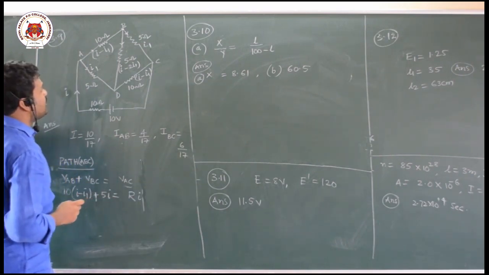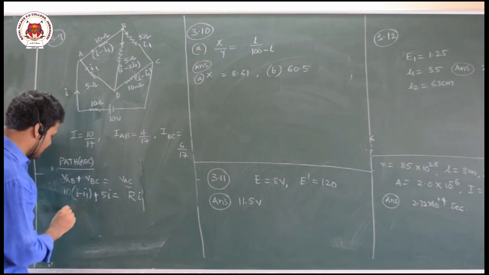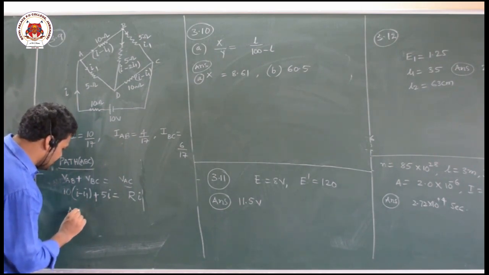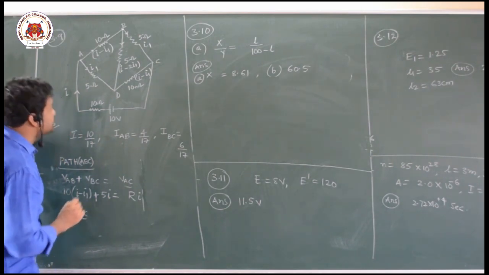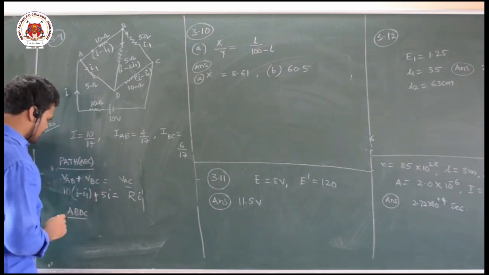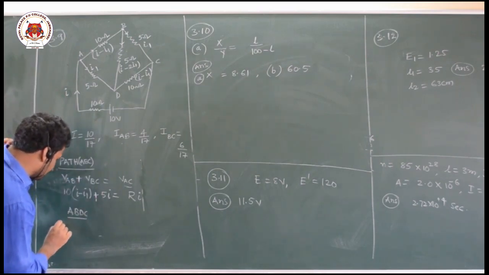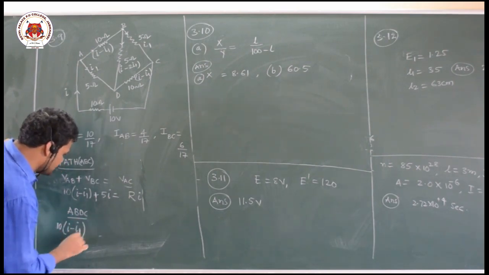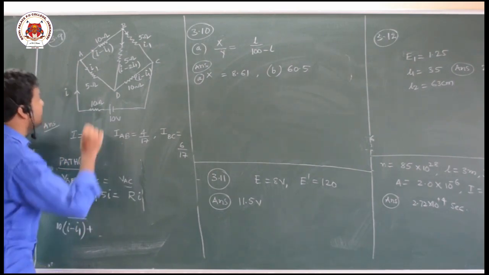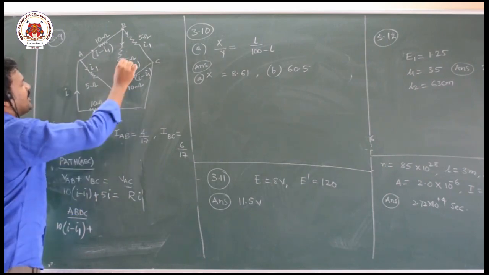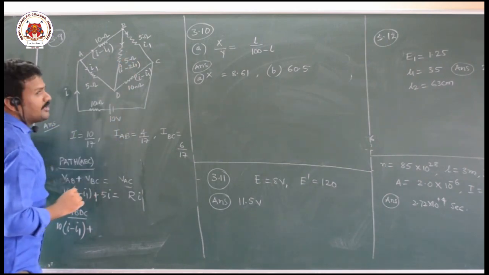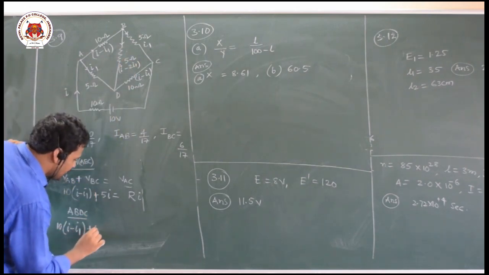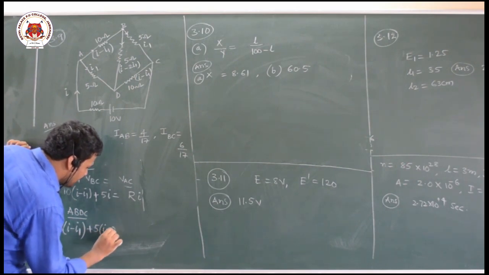Next time I am following the path ABDC. In this path, again the potential difference across AB is 10 into I minus I1. Plus between B and D, the current is I minus 2 I1 and the resistance is 5, so 5 into I minus 2 I1.